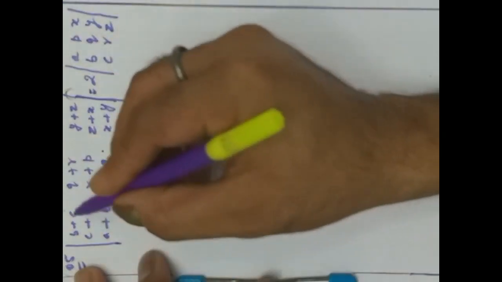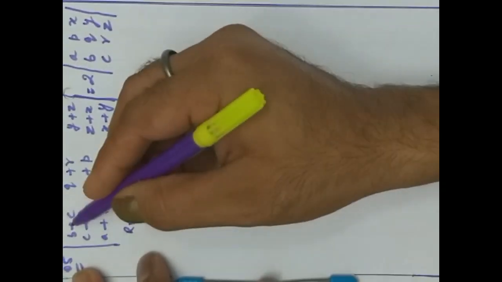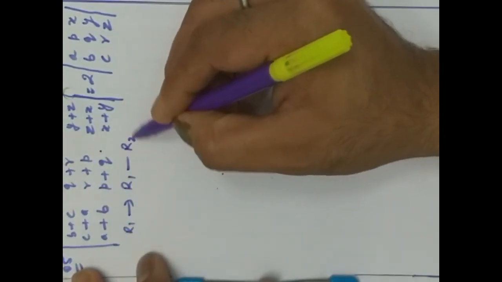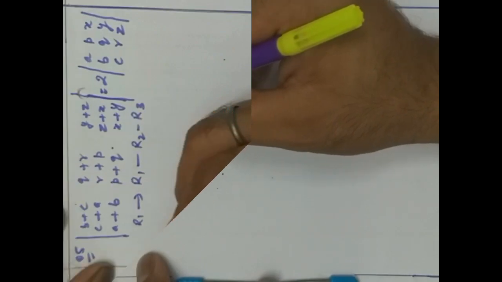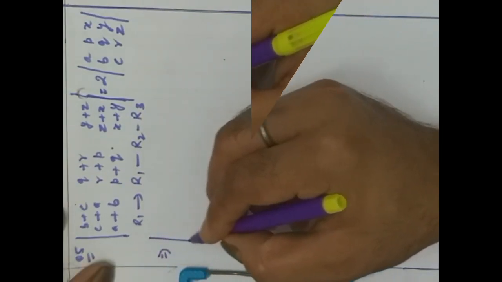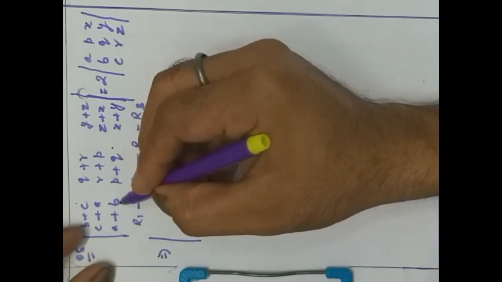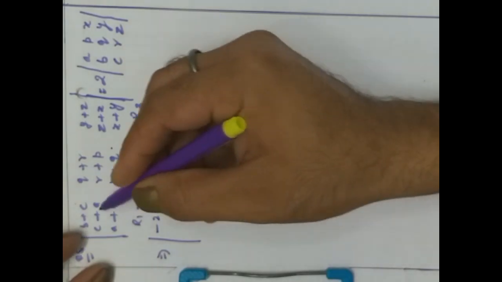So what we can do is change R1 with the help of R1 minus R2 minus R3, because C and C will cancel, and this B is in R3, so that also will be subtracted. R1 will be written as B plus C minus C minus A minus A minus B, so minus twice A, and then B and C are cancelled.